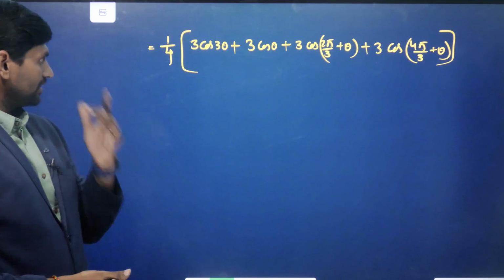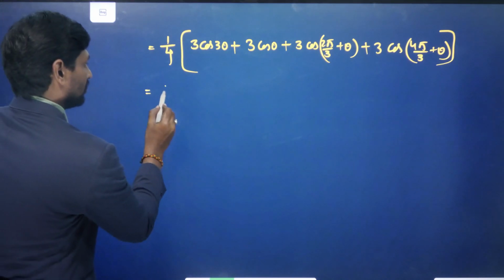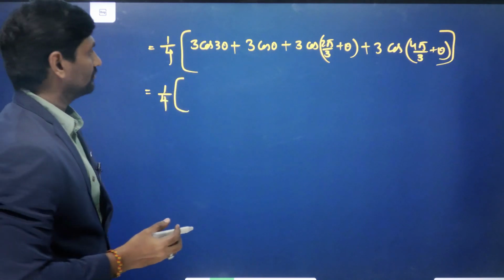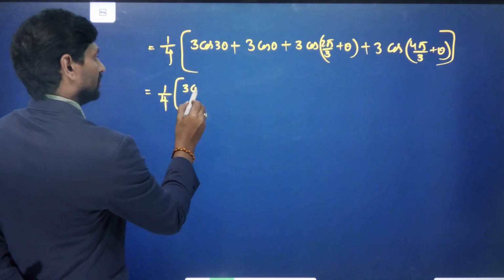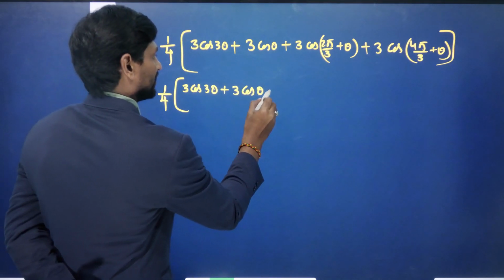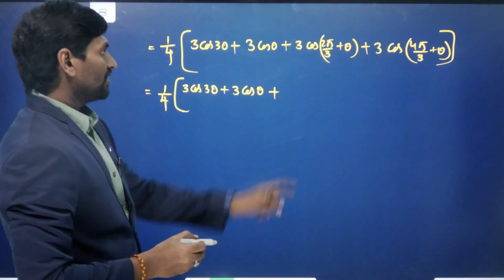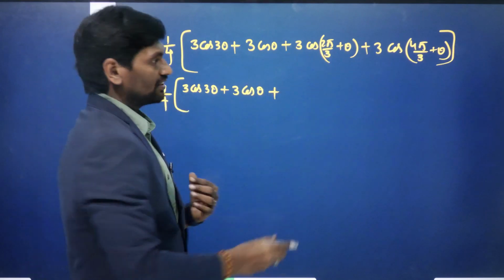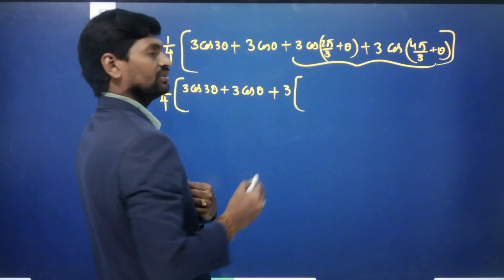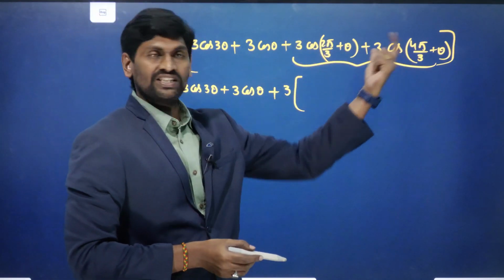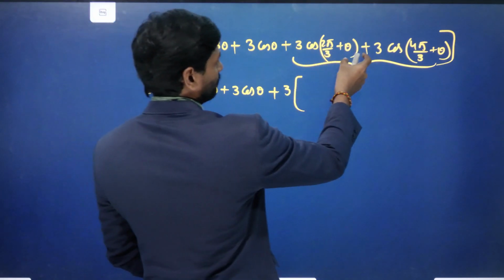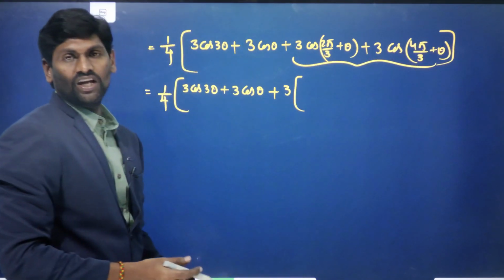Right. That is equals to 1 by 4 [3 cos 3 theta plus 3 cos theta, I am writing as it is, plus from the last two terms I am taking 3 as a common term, then it is in the form of cos plus cos. Cos plus cos formula: 2 cos ((a plus b)/2) cos ((a minus b)/2), whatever.